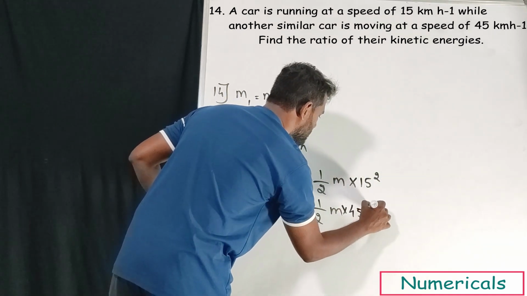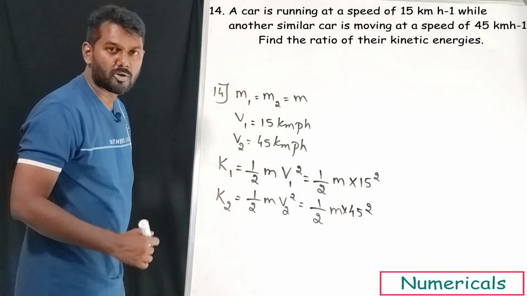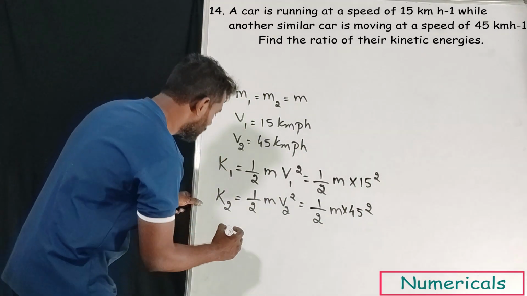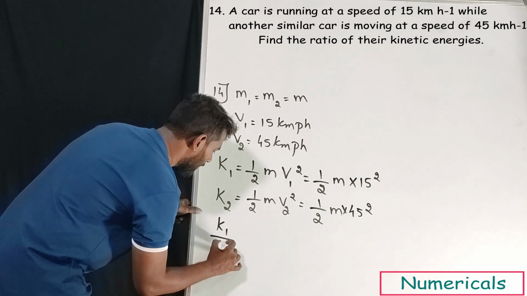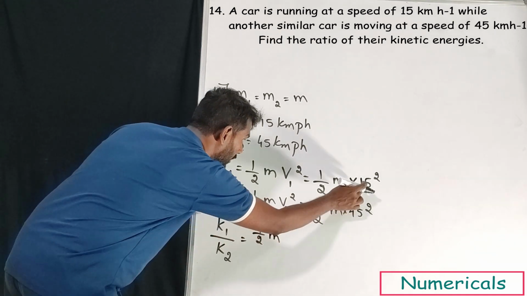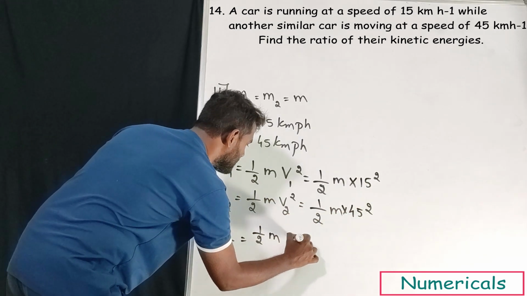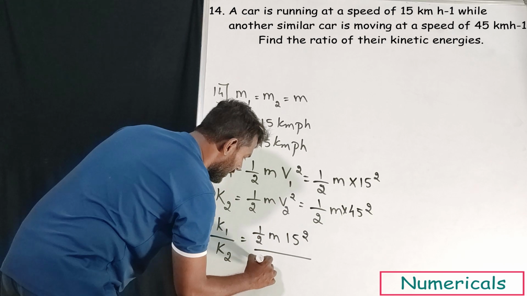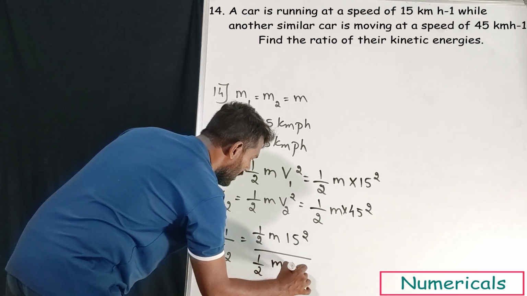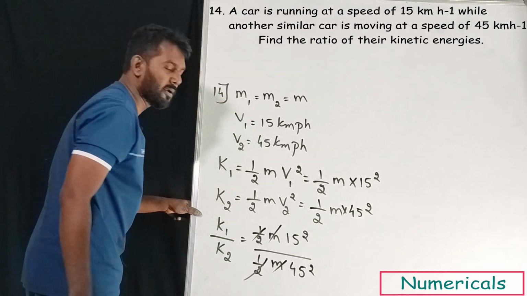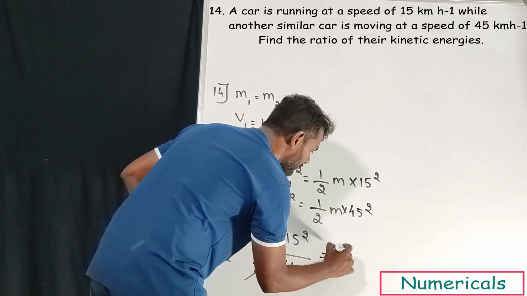So 45 square. Okay, now we have to calculate the ratio. Now we'll substitute the values. K1 by K2, that is half m 15 square, divided by the K2 value, half m 45 square. Half will get cancelled, m and m will get cancelled. We are left with 15 square over 45 square.